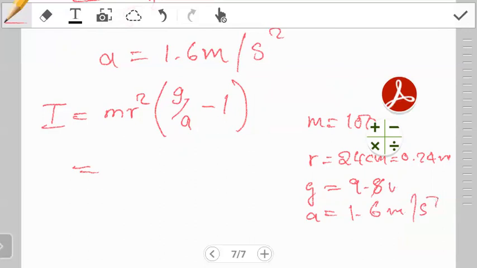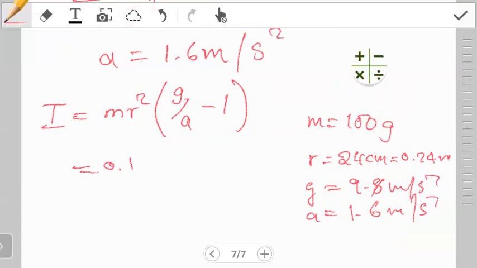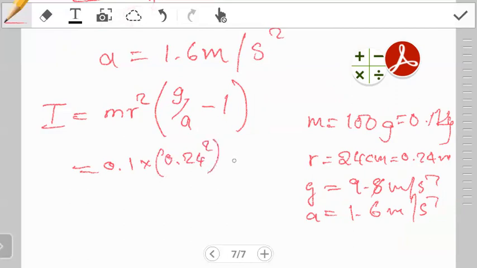So we have 0.1 multiplying 0.24 squared, then multiplying 9.8 over the acceleration 1.6, then minus 1.